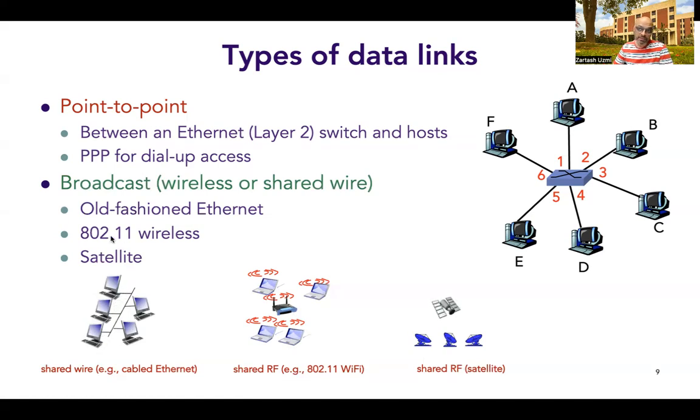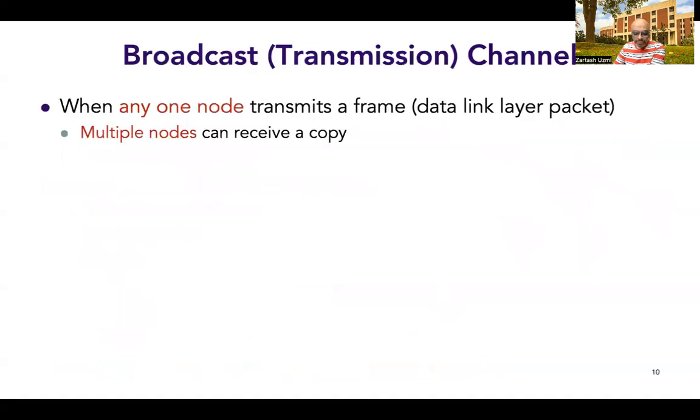This does not happen in the case of point-to-point links. Similarly, with an 802.11 wireless link, if I transmit, everyone in the vicinity will be able to listen to those packets. Maybe they will not be able to make any sense out of those packets, but they will still be able to listen to them. And similarly, satellite links are also shared links. They are using this shared network resource.